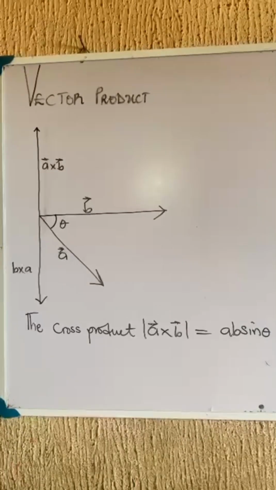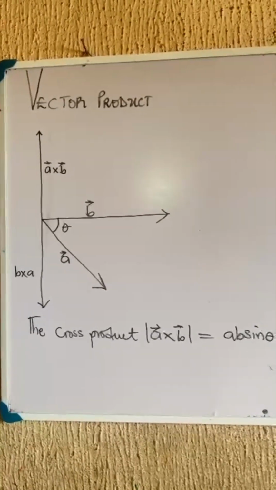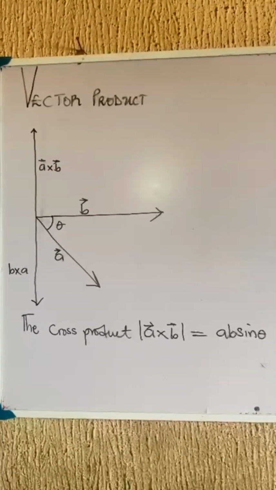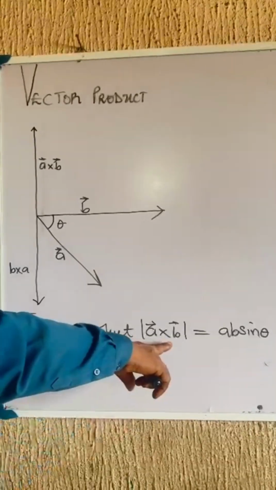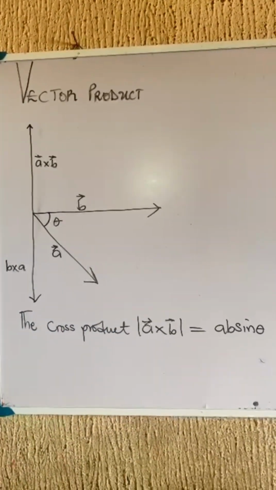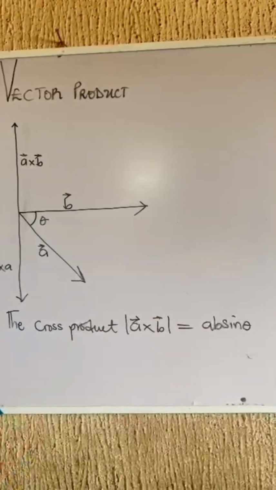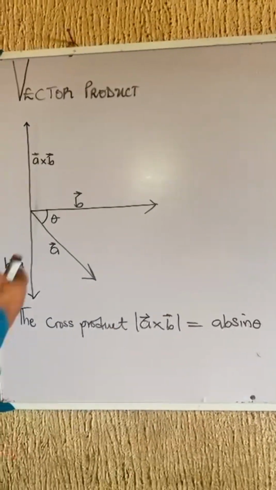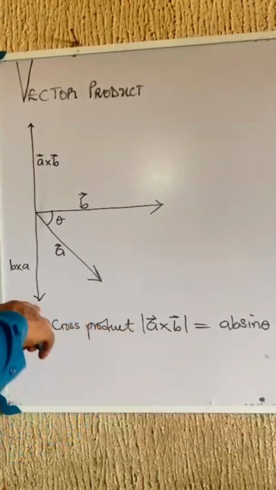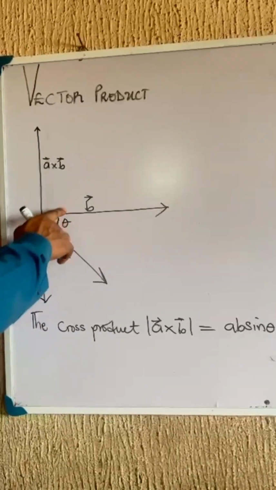You need to understand that when we have 2 vectors being multiplied using the cross, and we call this a cross product of vectors, the outcome is the magnitudes of the 2 vectors, a, b, sine theta, where theta is the angle between the 2 vectors a and b.